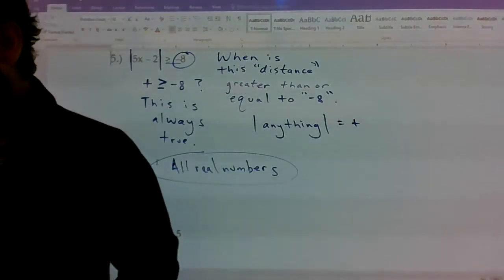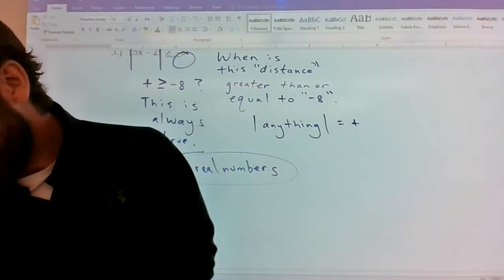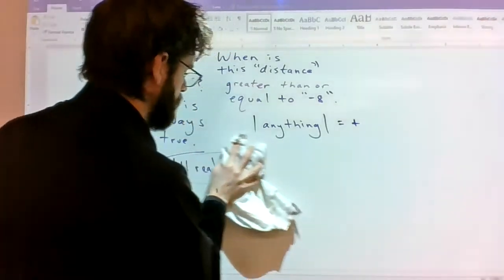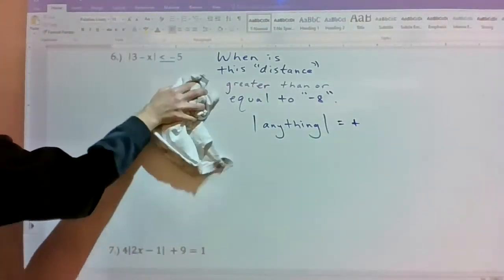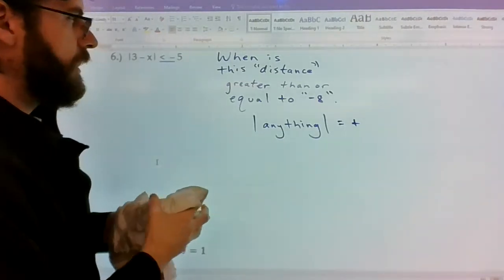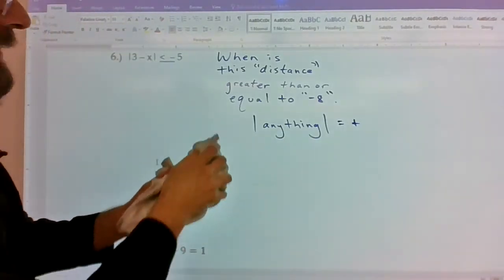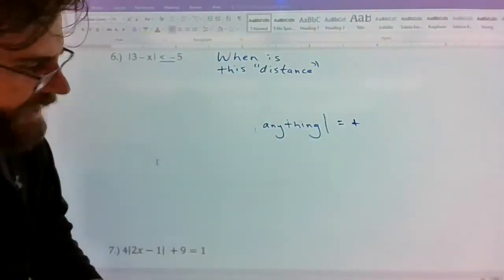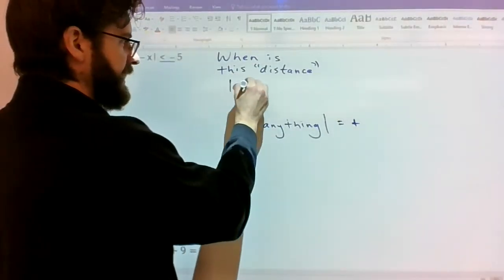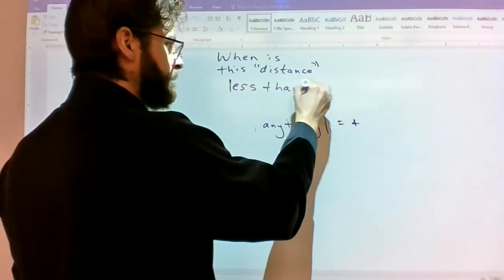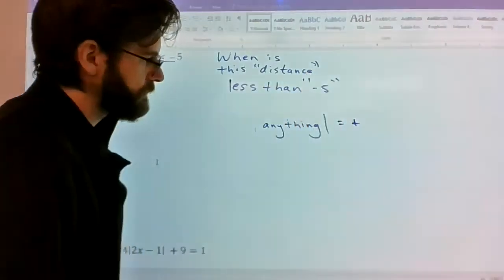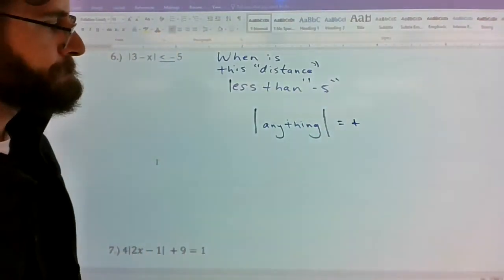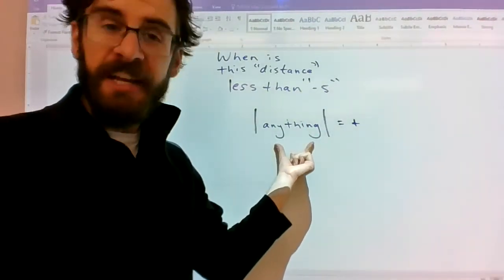Check out number 6. Same question, except when is the distance less than -5? Well, the absolute value of anything is still positive.